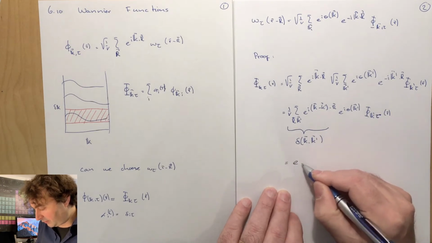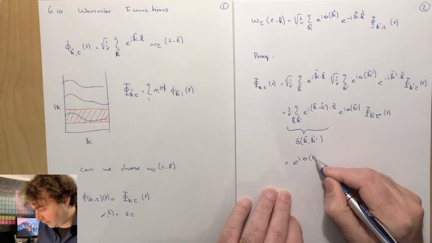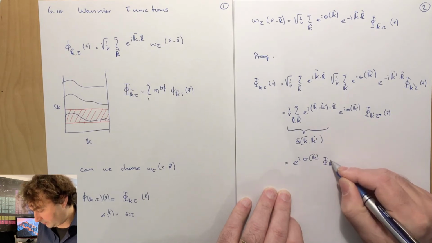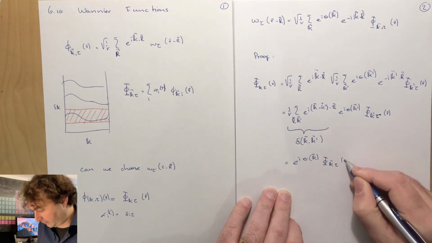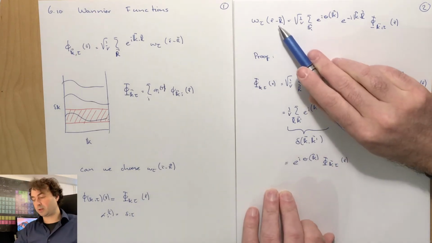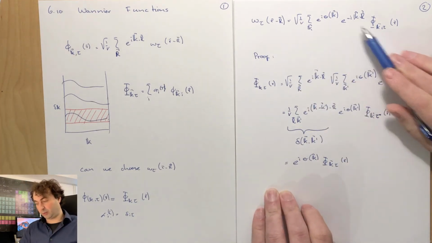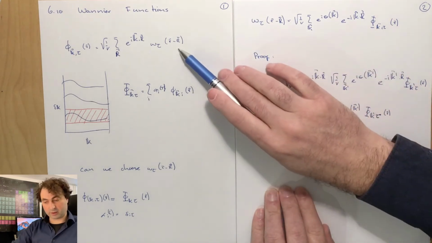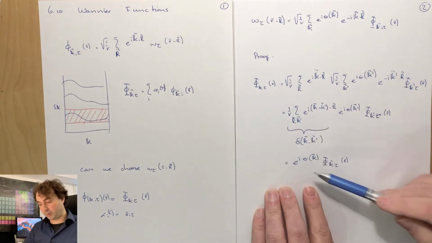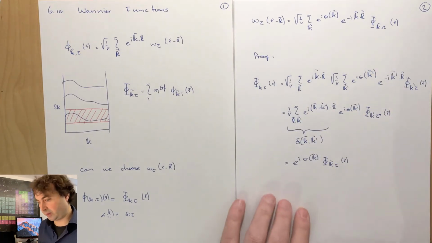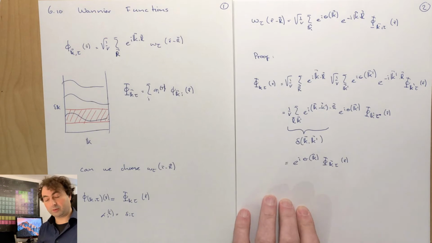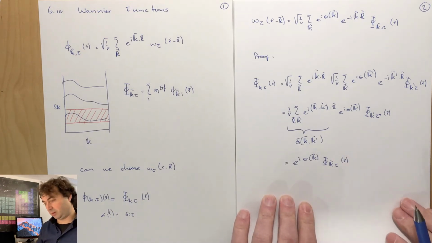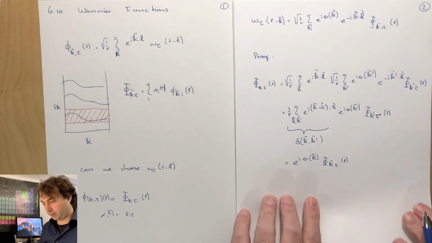Which means we are left with e to the i theta k times the eigenstate that we have. So indeed, by choosing your Wannier functions as an inverse Fourier transform of the bands, you will find that taking those as local functions gives you Bloch waves, because it's just a Fourier and an inverse Fourier transform with an additional phase. But that's okay, because a wave function times a phase function is still an eigenstate when the first one was an eigenstate.